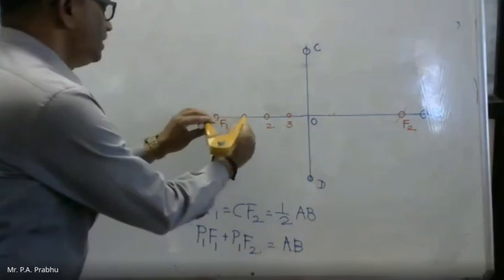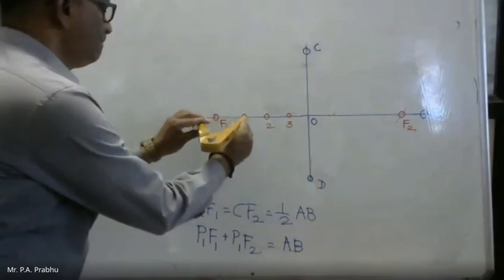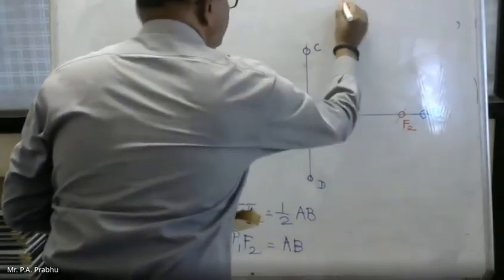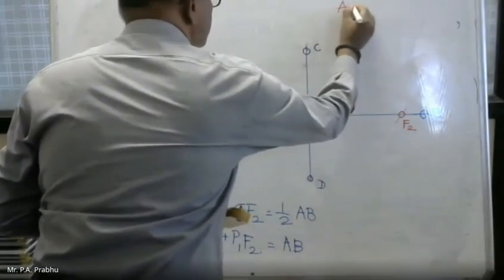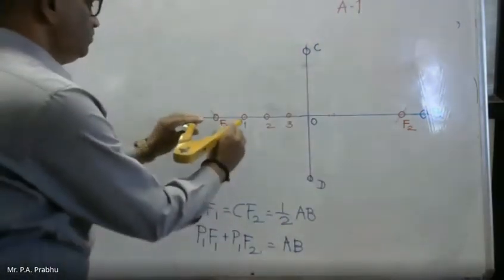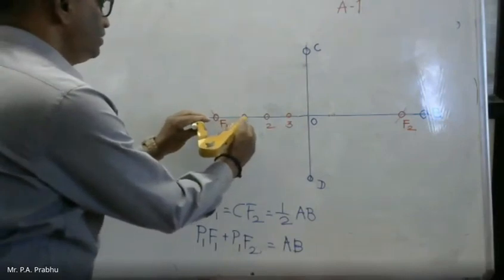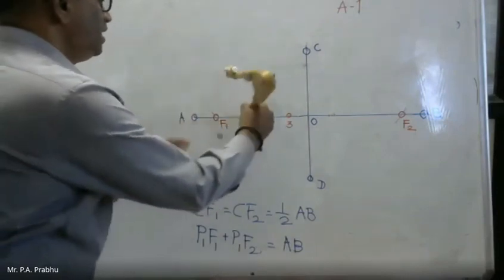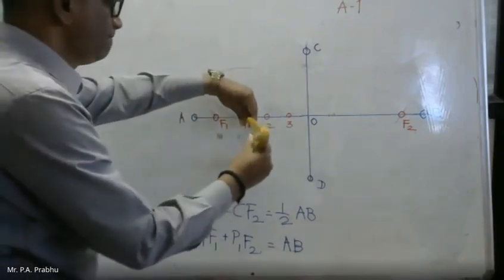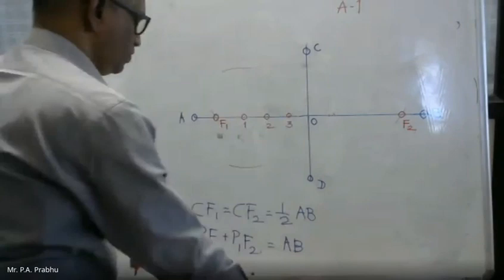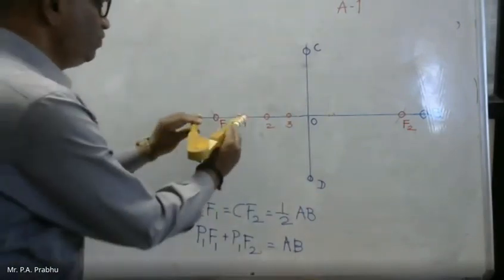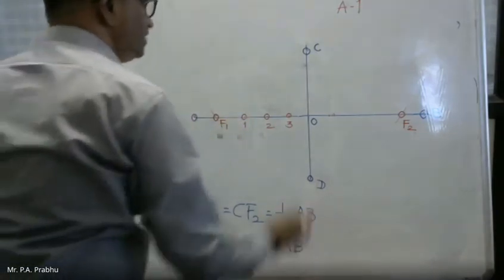Take R1 as A1. First I will take a radius equal to A1, and I will mark the arc in all four quadrants. Take a radius equal to A1, and our centers remain fixed.